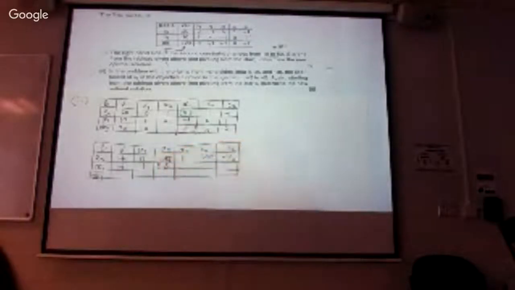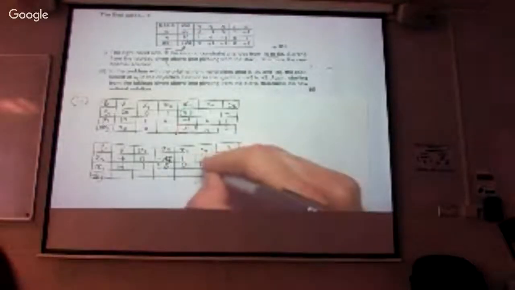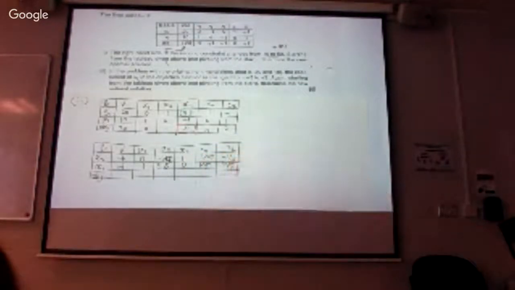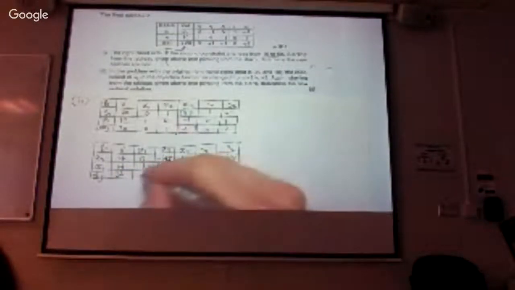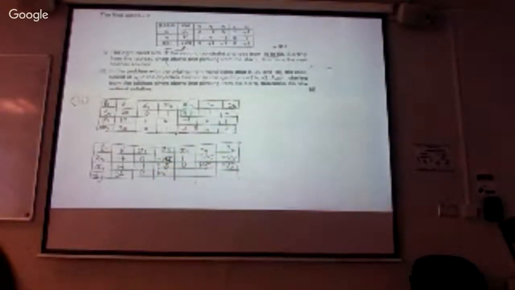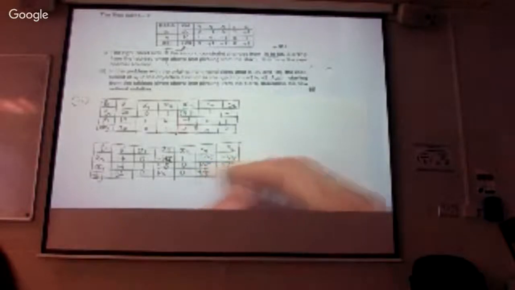And 8. And the objective is 36. 0, 1/5. 0, 4/5, and 6.